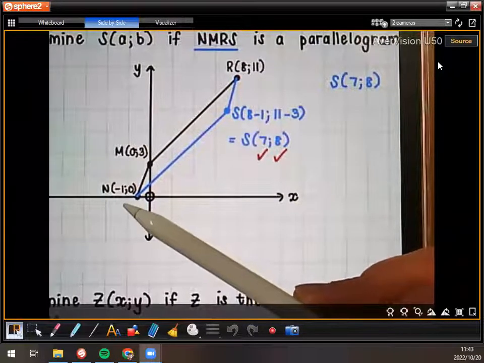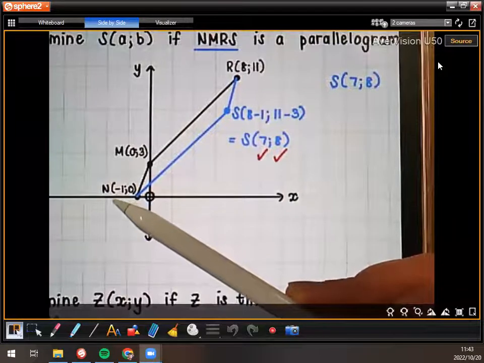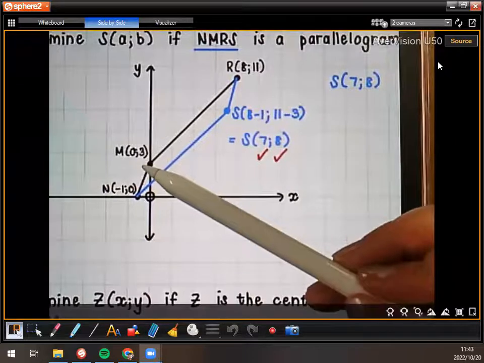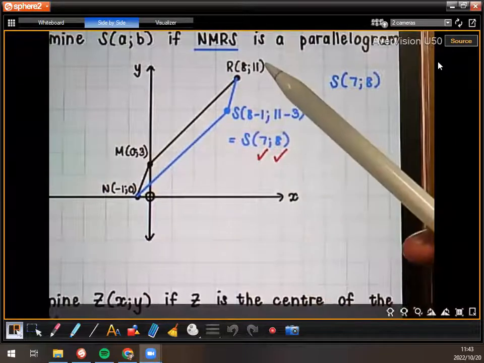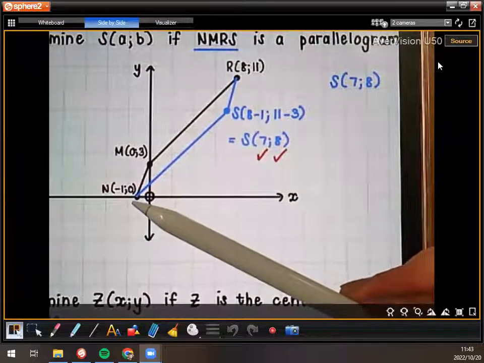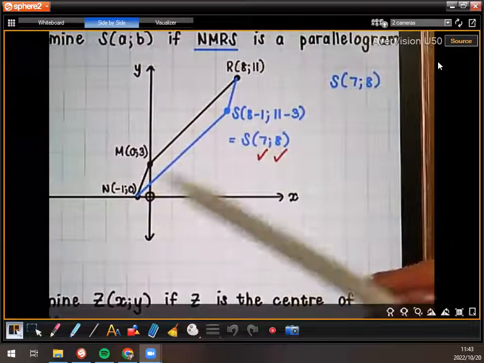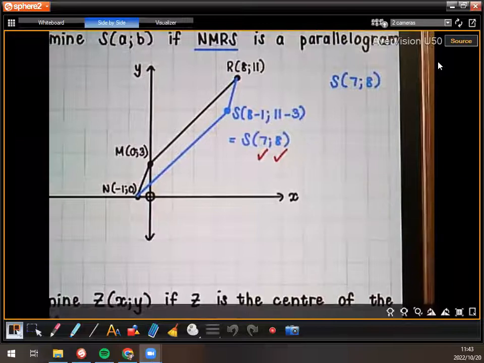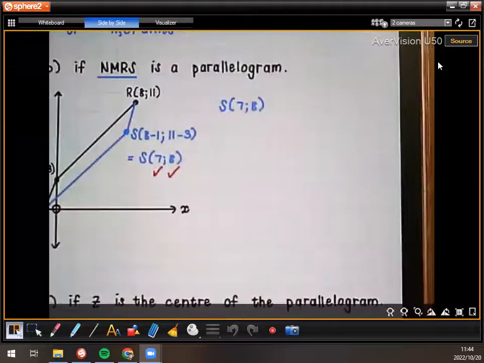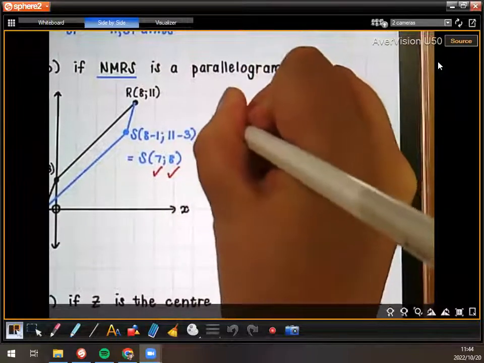What's going to happen if I do the same thing here? What's -1 plus 8? 7. Okay, let's look at the y values. From 3 to 11, what did I do? I also added 8. Is the same thing going to happen here? What is 0 plus 8? 8. Yes. All right, so do this by inspection.